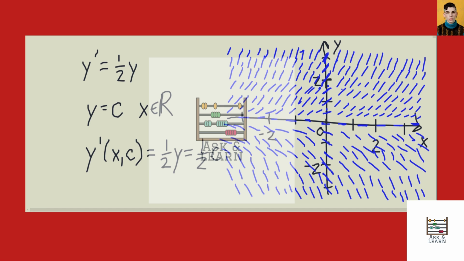To find three solutions, let's pick three different initial values. For example, let's take an initial value y of 0 is equal to 0.